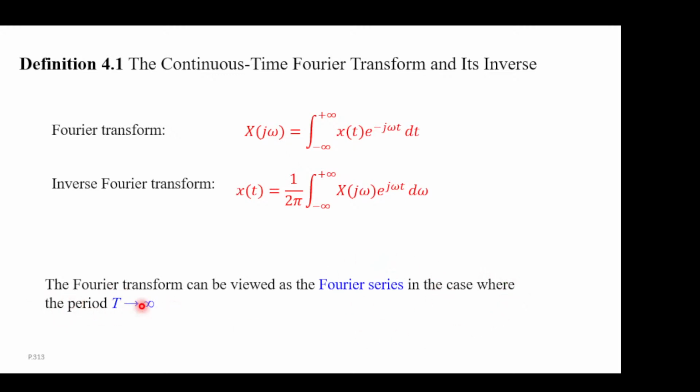Then we take the period of the periodic function, big T, to infinity. In the T goes to infinity limit, our analysis and synthesis equations for Fourier series will become those two. 20 minutes should be enough.